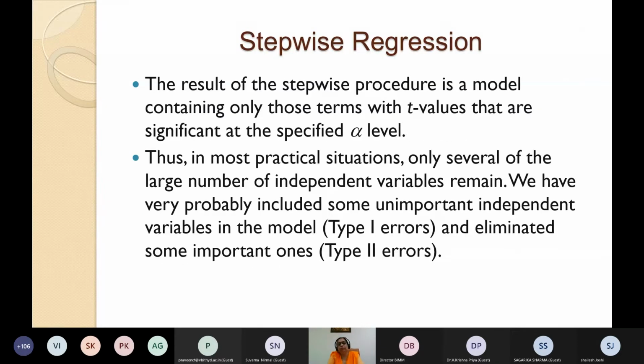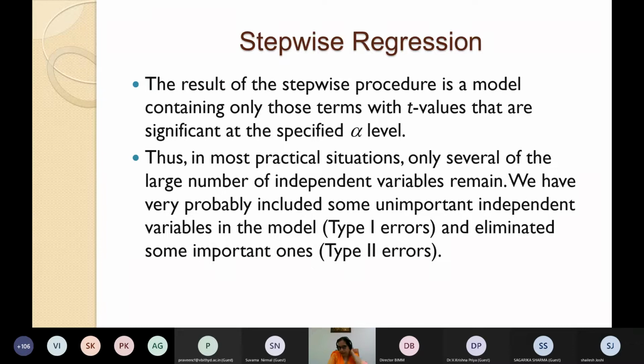There are some problems associated with stepwise regression. In this, you are retaining only the terms with t-values that are significant at a specified alpha level, the confidence level. That's the most practical situation.